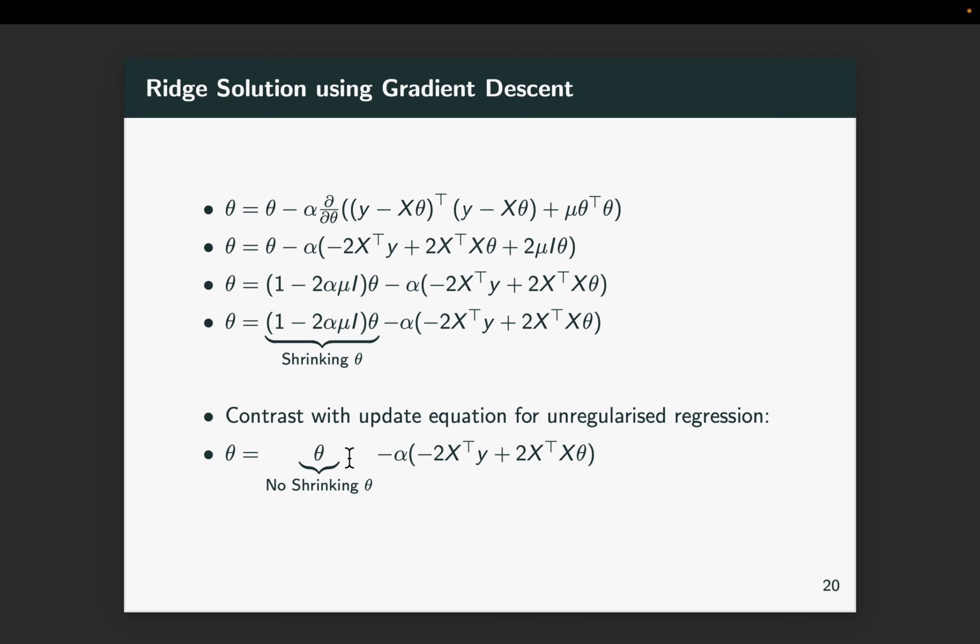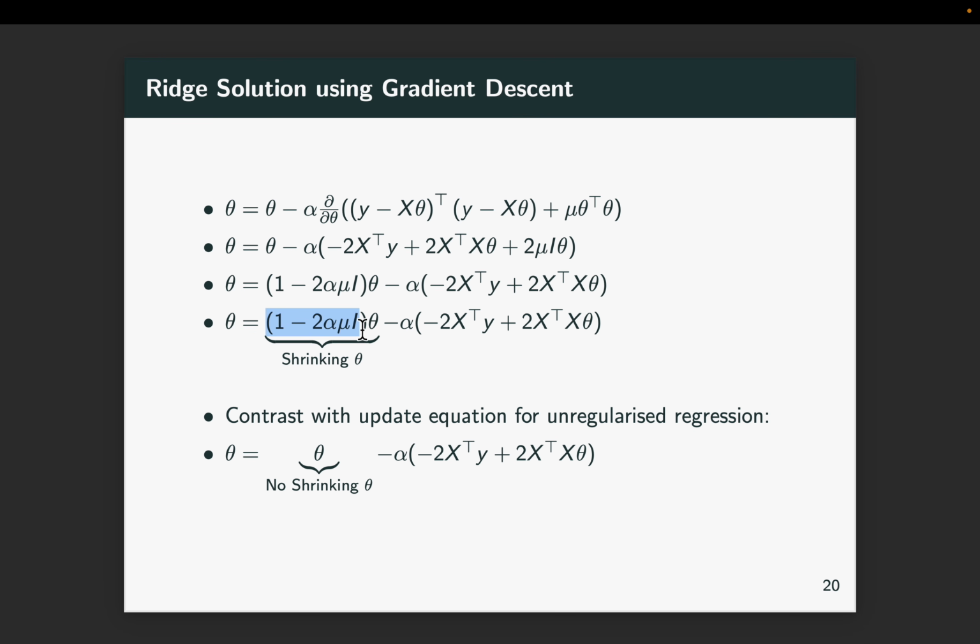If we did not have the regularization term or mu was 0, both of which are equivalent, which is unregularized regression, we'd get the update rule as theta equal to theta minus alpha times (minus 2 X transpose y plus 2 X transpose X theta).